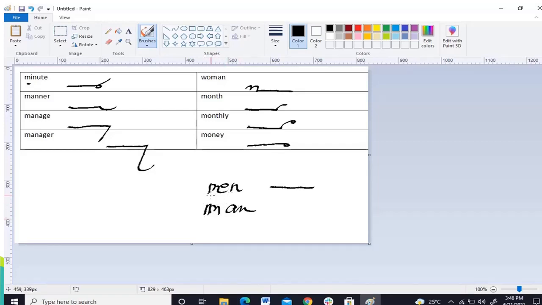Kasi nga, pag mamayari na ni men yung men blend, ngayon si man, maglalagay na siya ng A para nang sa ganon, malalaman mo kung man ba yan or men. Okay? So, there is always an exemption to the rule. Paulit-ulit ko itong sinasabi sa mga lessons natin, na si men na maraming lalaki or plural na lalaki is represented by our men blend, and yung man na single, may A. Okay? Nag-adjust kasi siya para kay men. Okay. So, ayan. We're done with our men blend.